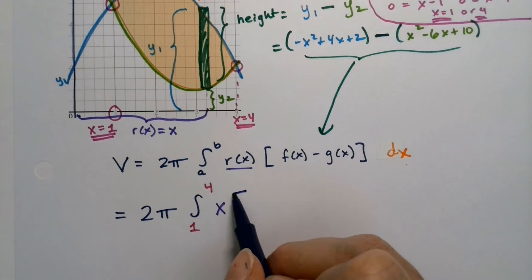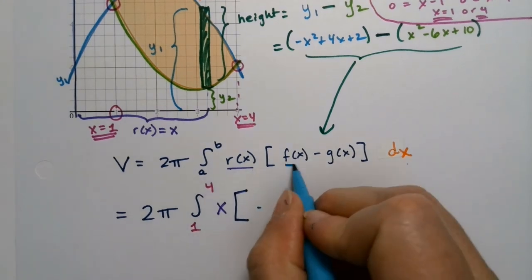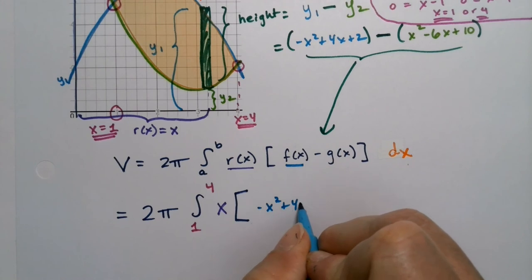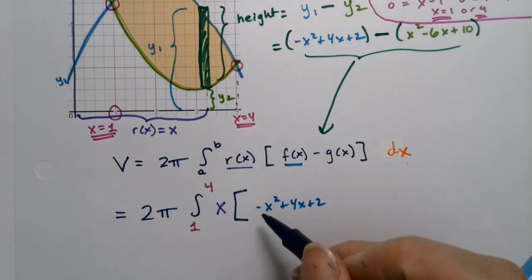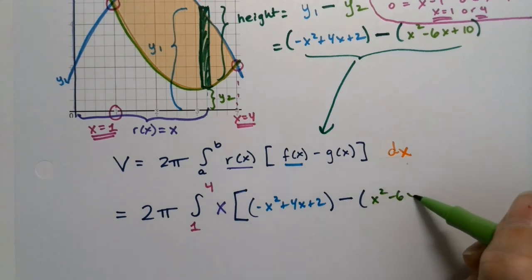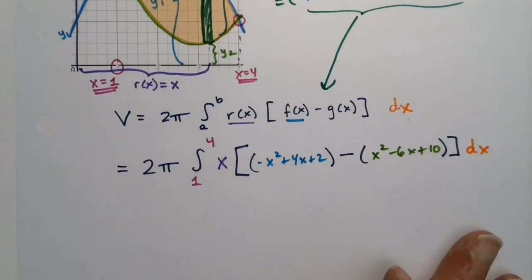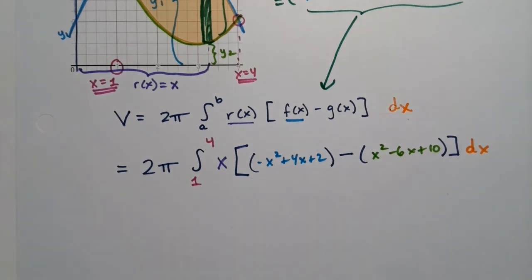And then we're going to take f of x, which was negative x squared plus 4x plus 2, and we're going to subtract g of x, which was x squared minus 6x plus 10. Yes, I know I could have simplified them up above, but of course I'm trying to write the notes out in terms of using the formula. All right, there we go. So we just need to combine like terms and simplify and things will be grand.